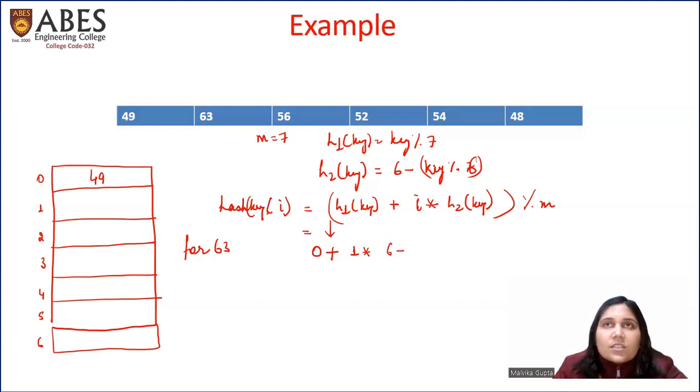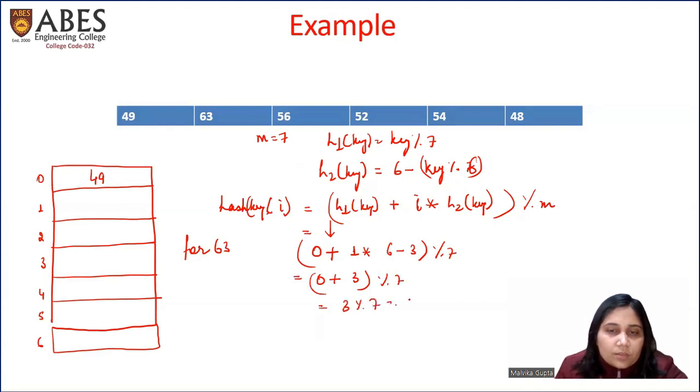So 63 mod 6, how much will the value be? It will be 3. So 6 minus 3 is 3, and 0 plus 3 mod 7 becomes 3. So you can store this value at this position. I hope this is clear to everyone, right?